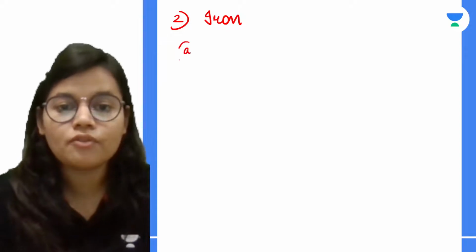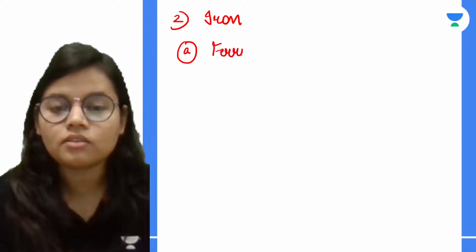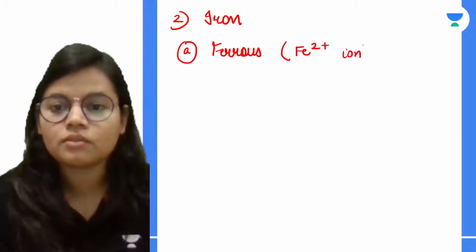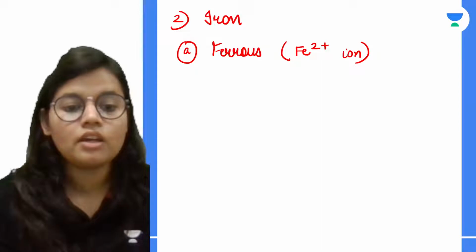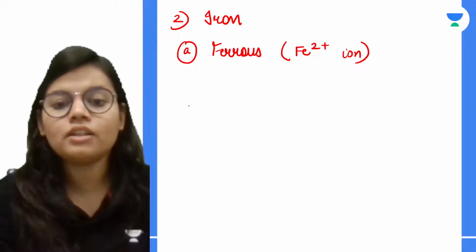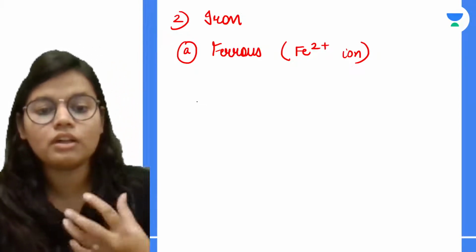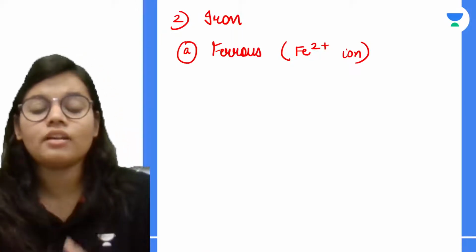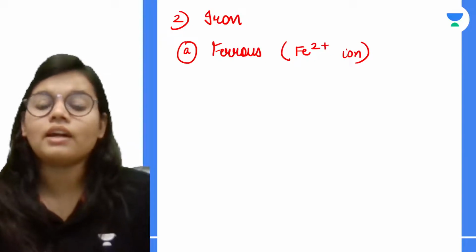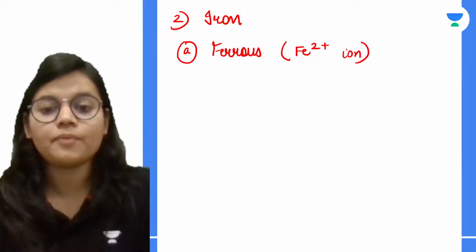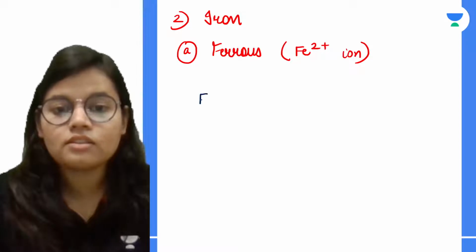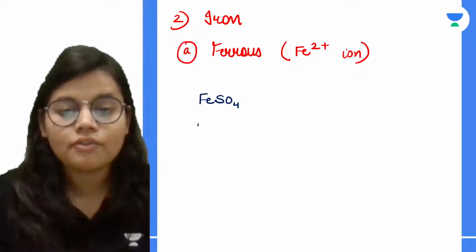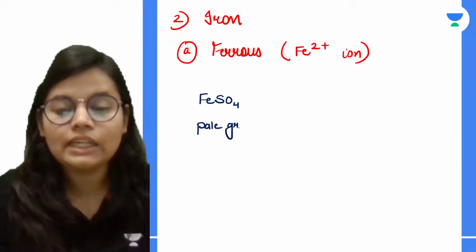So first, if we have been given ferrous, that is the Fe2+ ion, and the salt contains the ferrous ion, how do we identify it if we have another reagent, sodium hydroxide? So let us take the salt ferrous sulfate, that is FeSO4. This ferrous sulfate is pale green in color.